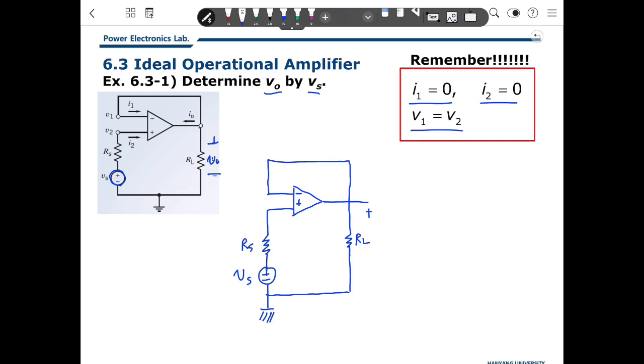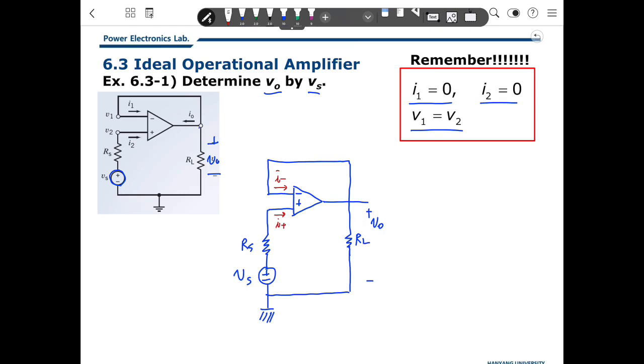Okay, and we need to know VO. That is the problem. To do that, I like to use I minus and I plus. I decided the names here.